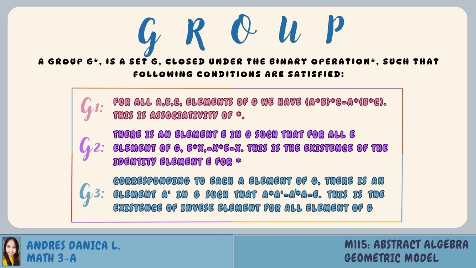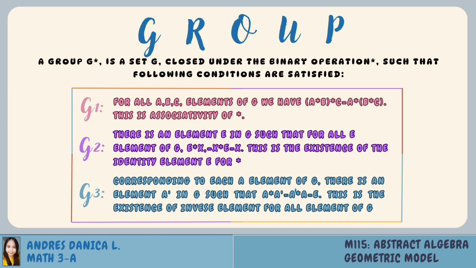This is associativity of star. For G2, there is an element E in G such that for all X in G, E star X is equal to X star E is equal to X. This is the existence of the identity element E for star.